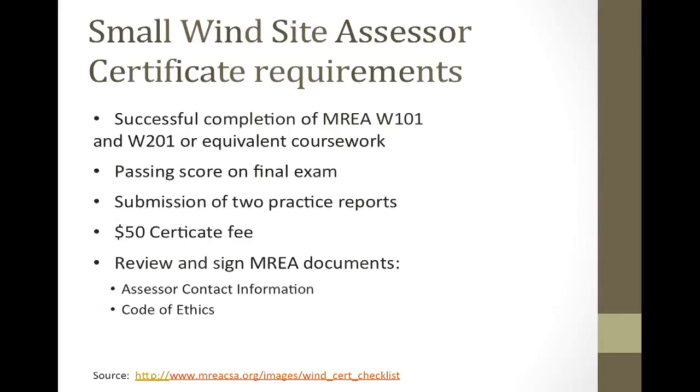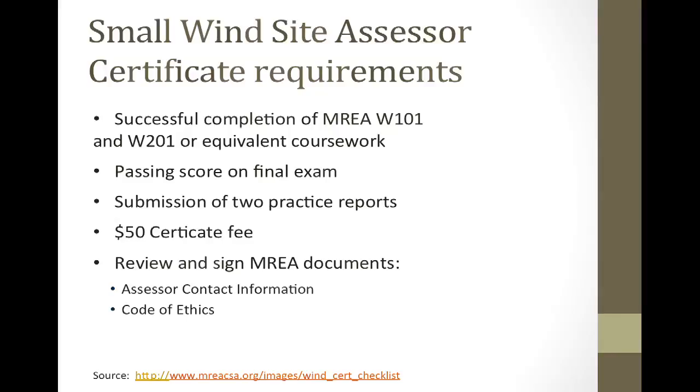There are some documents that you'll have to review in order to receive your wind site assessor certificate from the MREA. One of those is an assessor contact information, because they keep a list of site assessors that could be given out to people who are looking for them. And then there's also a code of ethics. The thing about the code of ethics is this.